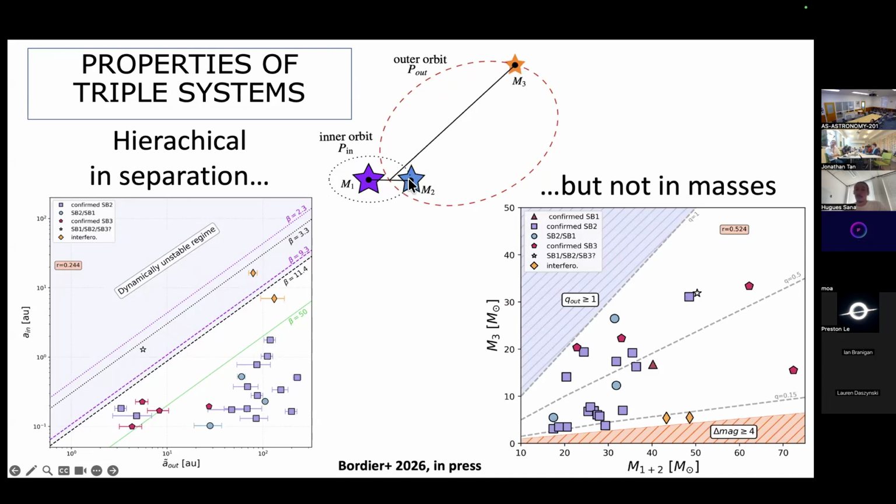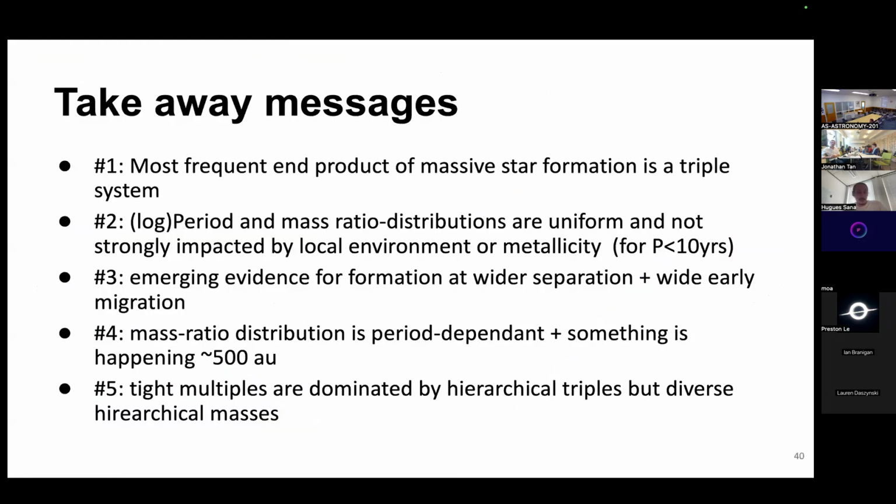Sometimes the third companion is more massive than the second companion. This is what this complicated plot is showing. Right, so that's my fifth message, and I have a final one. Tight multiples are dominated by hierarchical triples, but there's a very diverse hierarchy in the masses.